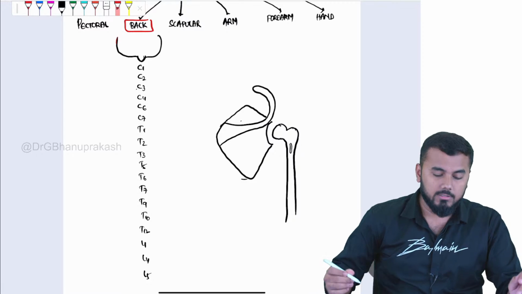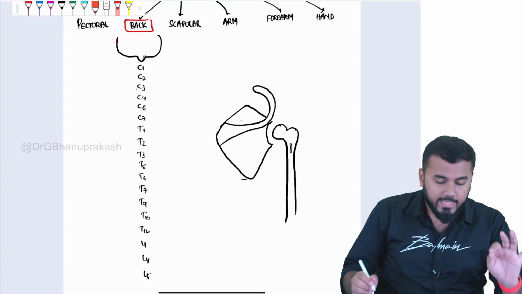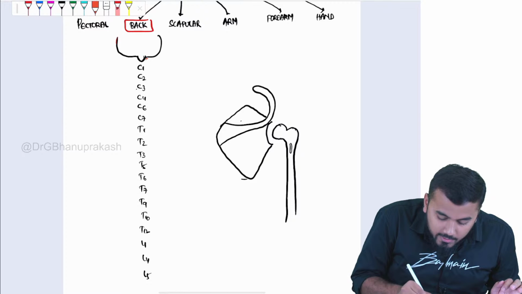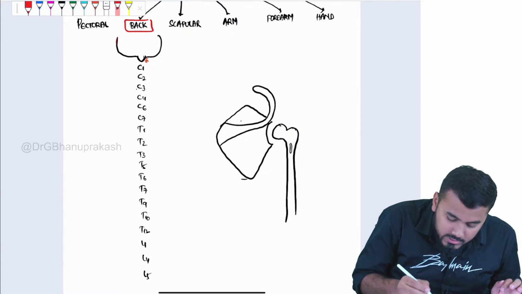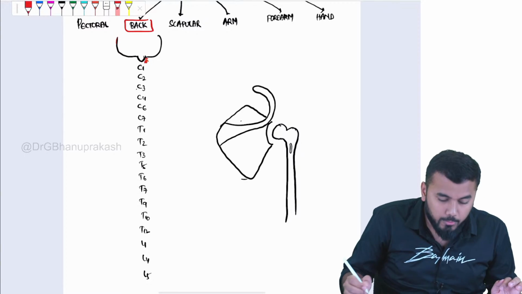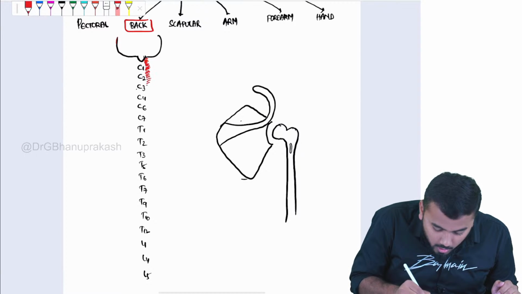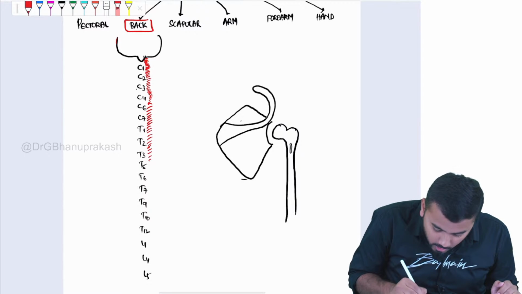Okay, the same things. Now look, there is a muscle which starts all the way from the nuchal line, from the nuchal tuberosity. Now this muscle originates from the nuchal tuberosity, then all the cervical segments, next it is coming till all the thoracic segments.